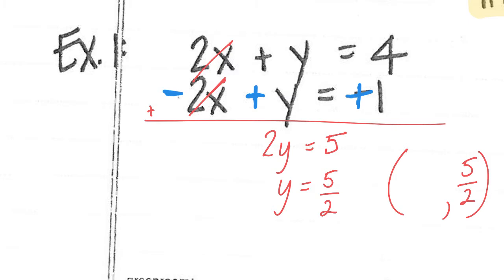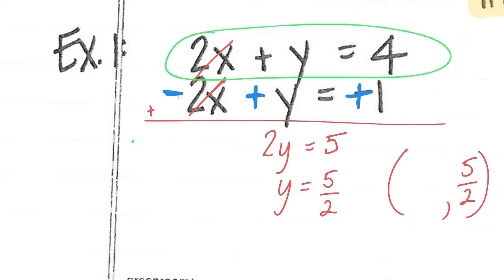So now to figure it out, we're going to plug it back in. When I plug it back in, I'm going to put it back into an original, so I'm going to put it back into right here. I have 2x plus 5 halves is equal to 4. Well, I know 5 halves is 2.5, but I'm going to go ahead and subtract that over.